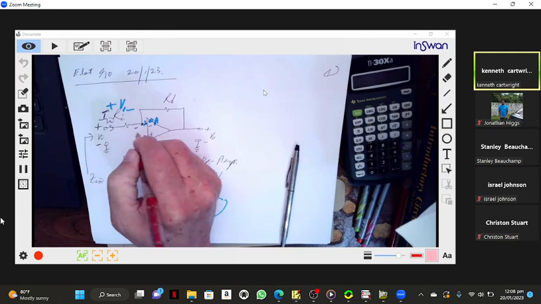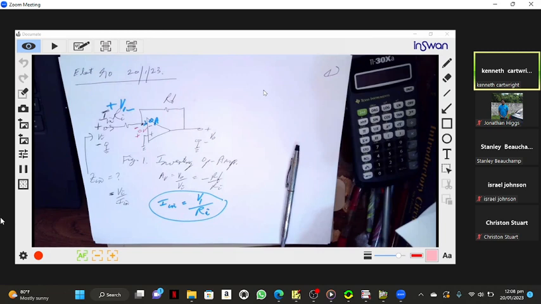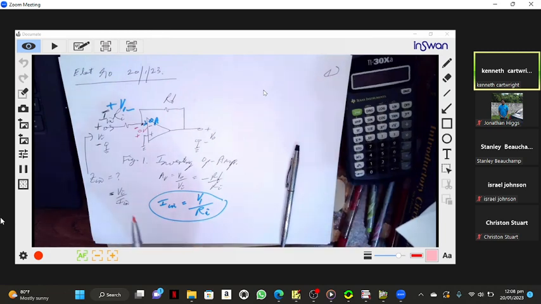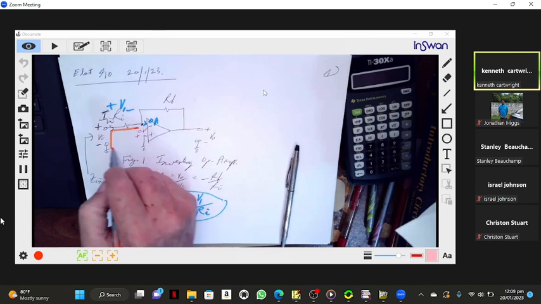It's only because that is 0, then? Yes, but we call it 0. It's only because it's 0 when we do KVL that V1 equals Vi. So indeed, Iin is Vi divided by RI.